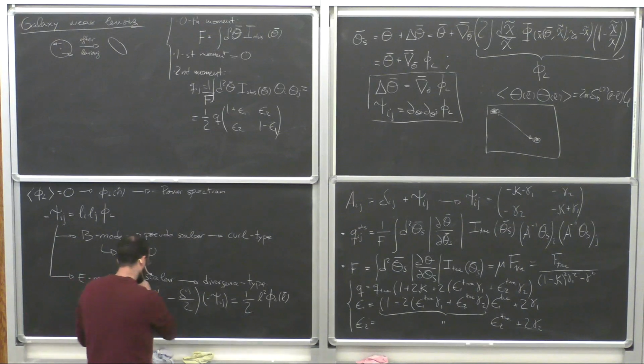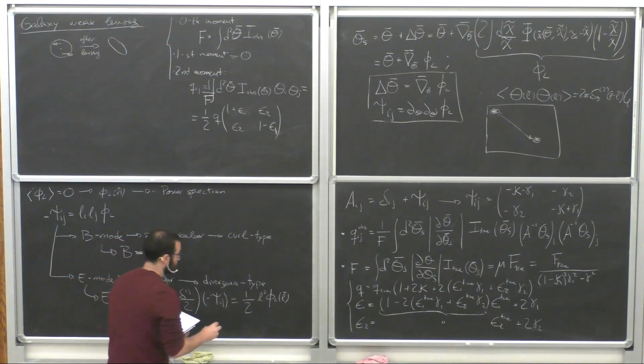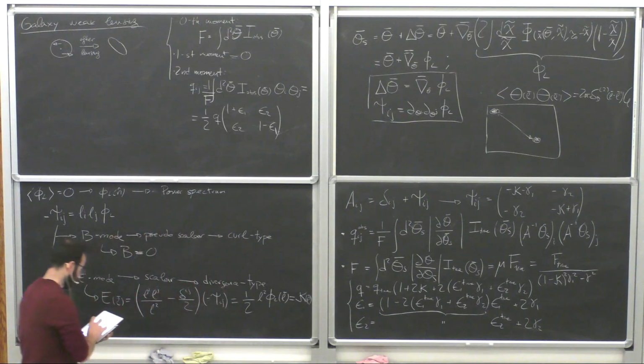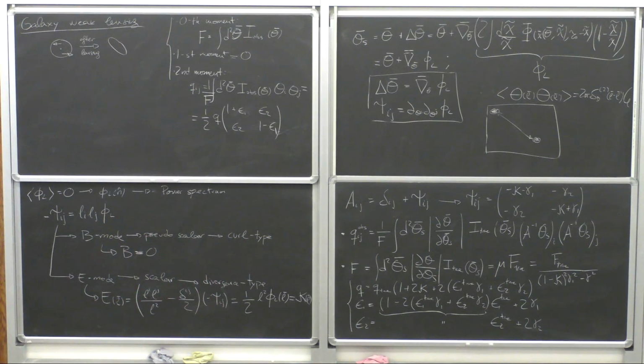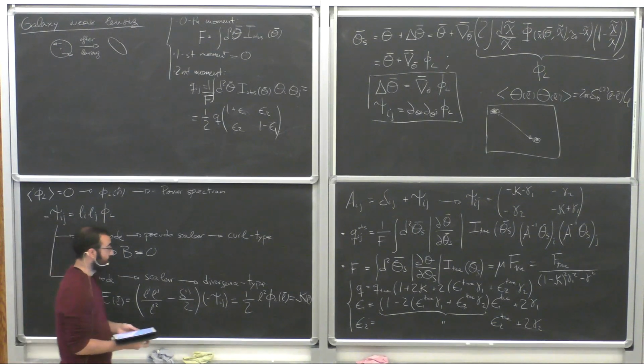For the CMB lensing, this is the convergence as function of L. So from measuring the shear and getting the E mode of the shear, at the end of the day, we get something that is equal to the convergence.